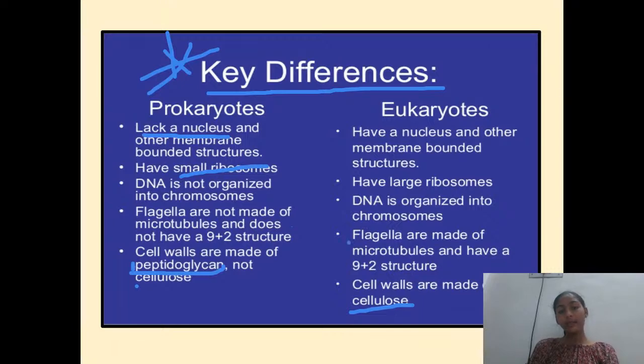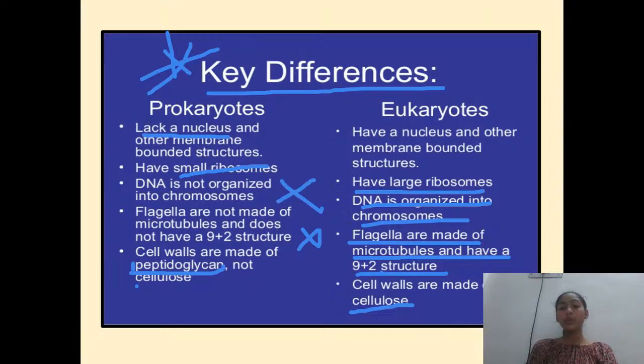In eukaryotes, flagella are made of microtubules and have a 9 plus 2 structure, but prokaryotic cells lack it. DNA is organized into chromosomes in eukaryotes, but not in prokaryotes. Eukaryotes have large ribosomes, but prokaryotes have small ribosomes. Eukaryotes have a nucleus and other membrane-bound structures.